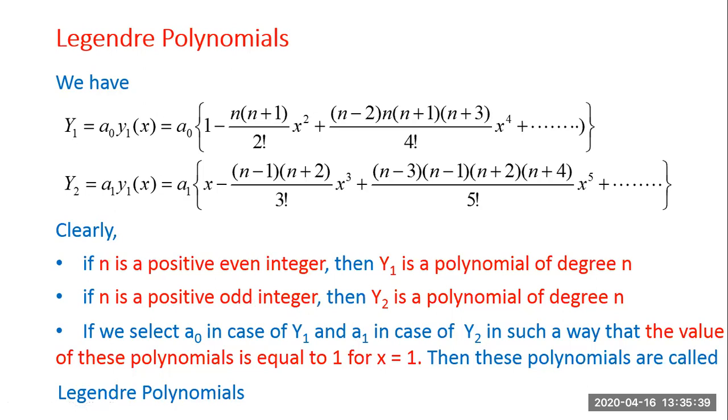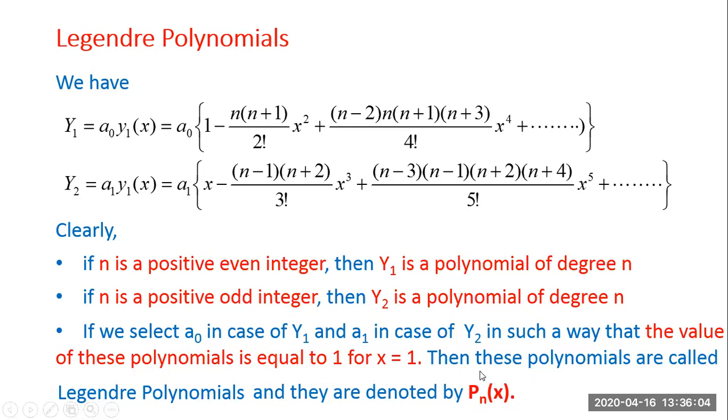Along with that, a0 or a1 are chosen in such a way that the value of the polynomial becomes 1 for x is equal to 1. Then such polynomials are called Legendre polynomials. And we denote those polynomials by Pn of x. So Pn of x is a notation for the Legendre polynomials.